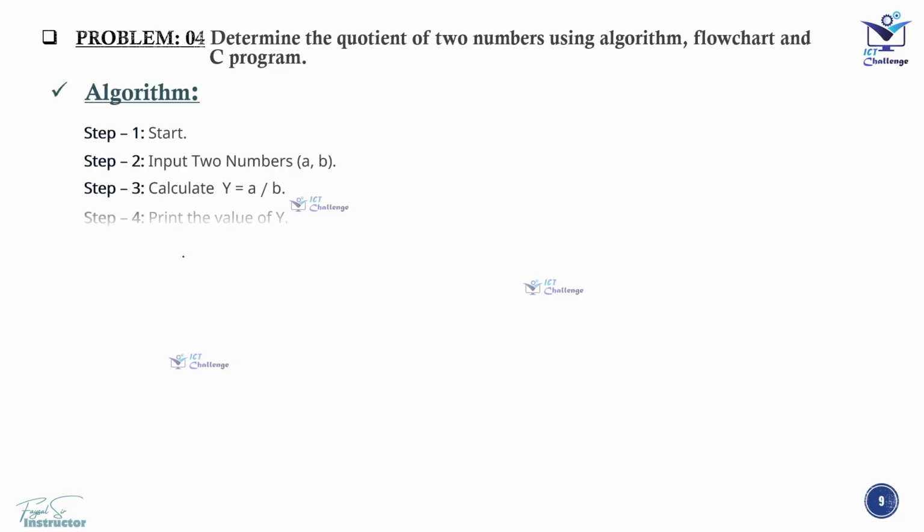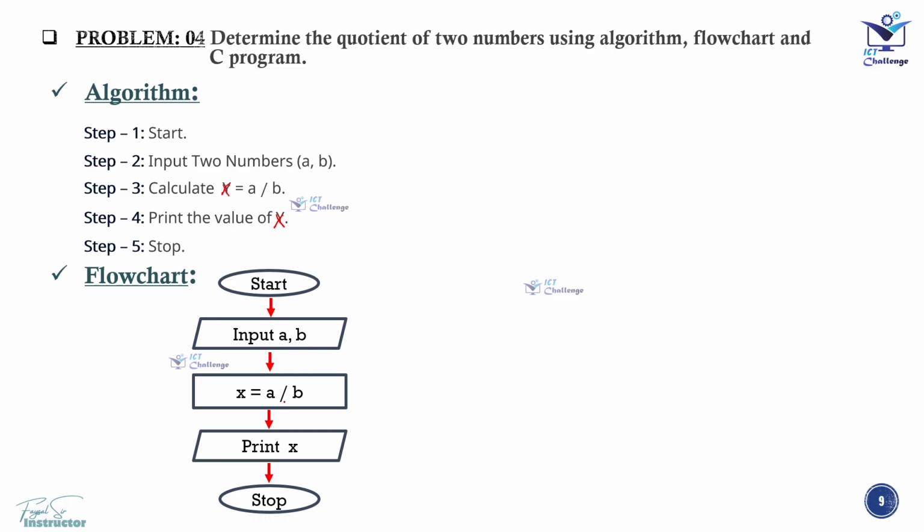Okay, so here we have the algorithm, which is x, and the flowchart. So this is the division sign, or you can say slash. So now we need to understand the C programming. Here #include <stdio.h>, as usual. This is our library function.